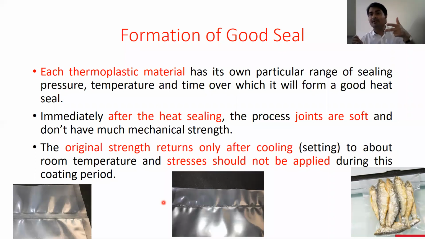If the packaging film is made up of the same compound, that means a homogeneous thermoplastic, then we can form a good seal because it is homogeneous in nature. That means the packaging film is made up of the same packaging material. Say for polyethylene, if we are joining it, then the control factors will not vary.